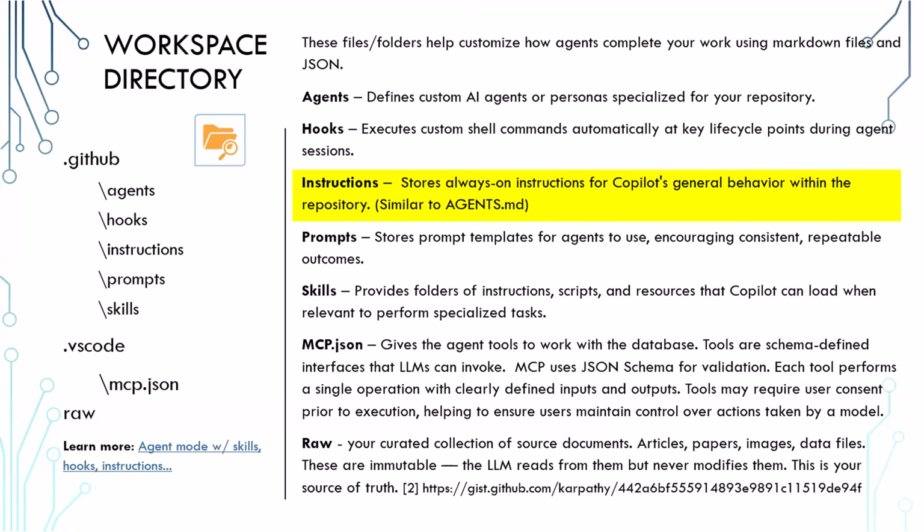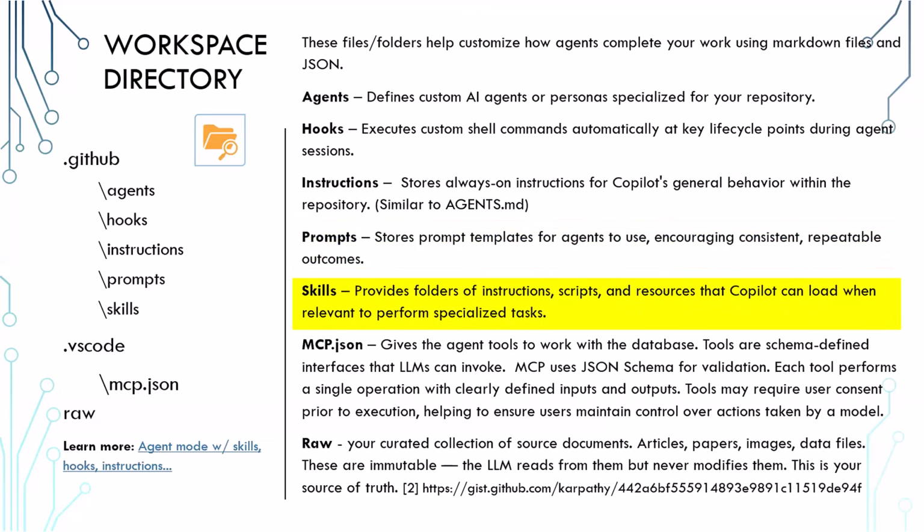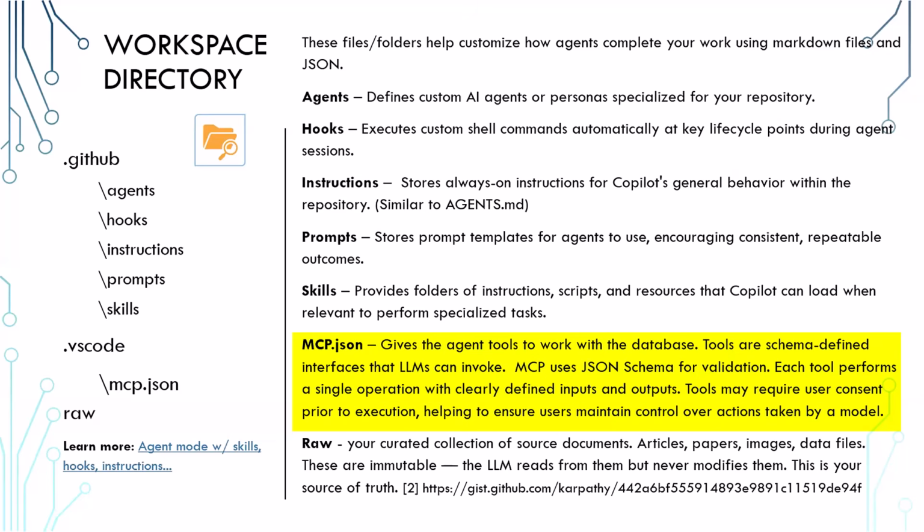It's similar to agents, just different in a little way. And there's prompts. If you reuse prompts all the time in a particular way, it stores prompt templates for agents to use, encouraging consistent, repeatable outcomes. Skills provides folders of instructions, scripts, and resources that Copilot can load when relevant to performing specialized tasks. And mcp.json gives agents the tools to work with your database.